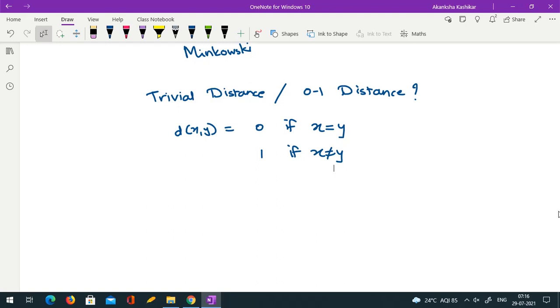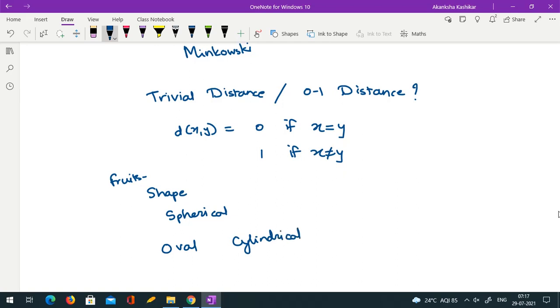I think in the last lecture I talked about fruits. Suppose I have the shape of a fruit: spherical shape, then oval shape, then cylindrical shape.